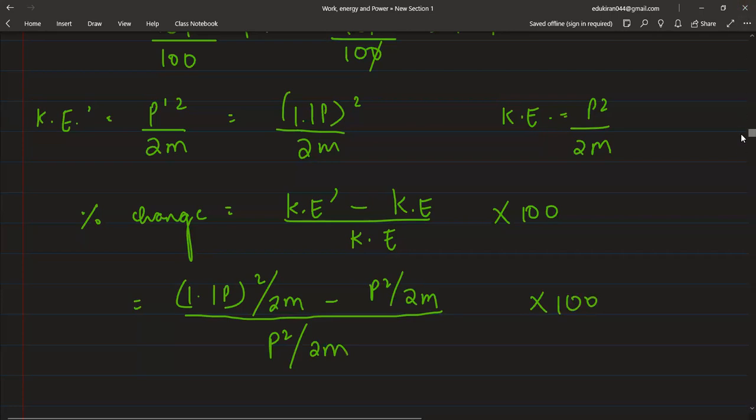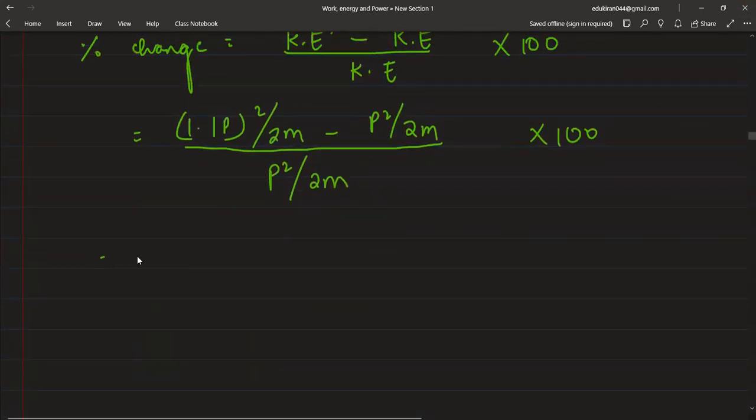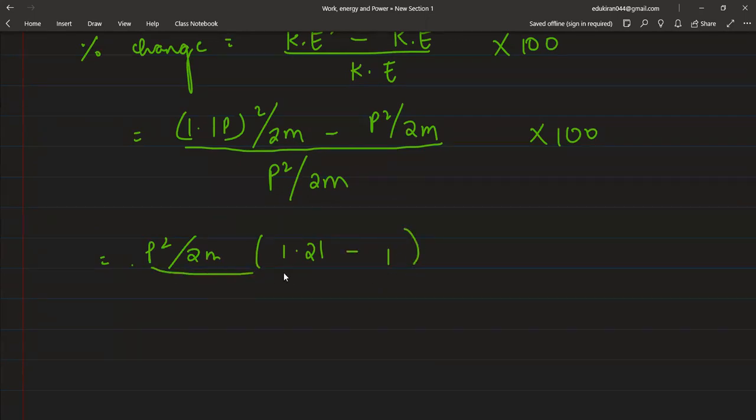So if we take P square by 2m common, we are left with 1.21. 11 into 11, so 1.21 minus 1, divided by P square by 2m into 100. So P square by 2m gets cancelled.